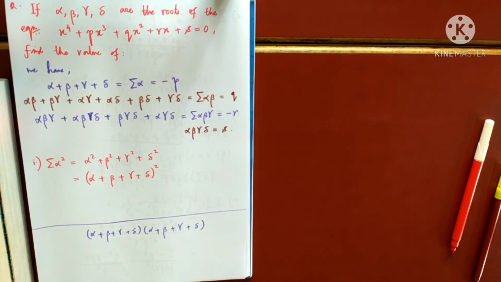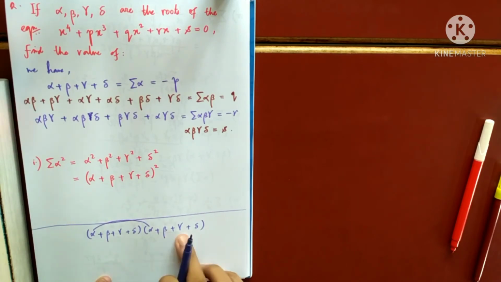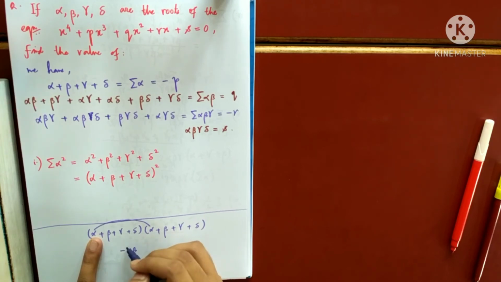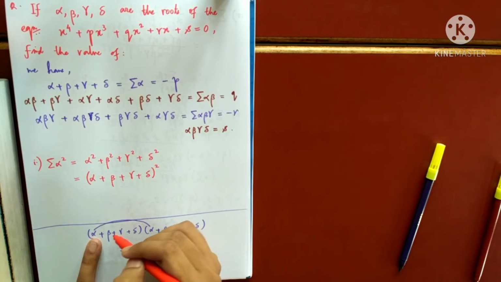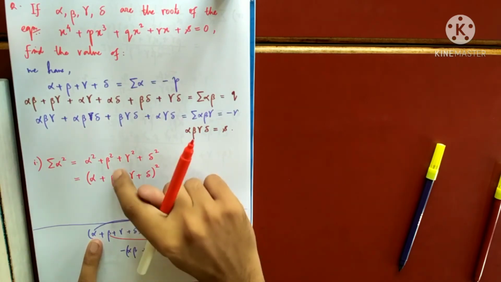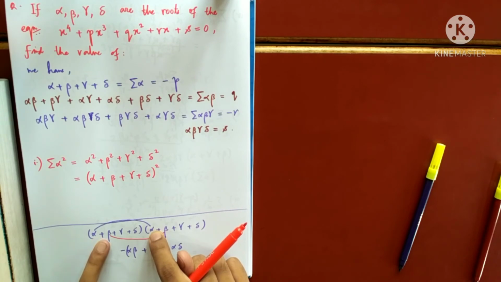So try to understand my point. This is useful to us, and whatever terms I will get from this one, they are all extra. So I have to subtract alpha beta, this with this. I have to subtract, I'll take a bracket here, plus alpha gamma plus alpha delta, right? Similarly, after multiplying with beta, only beta square is a useful term to us, and any other term which I will get is extra.